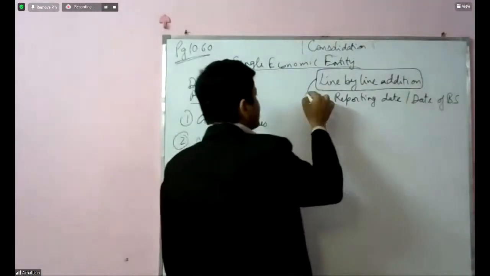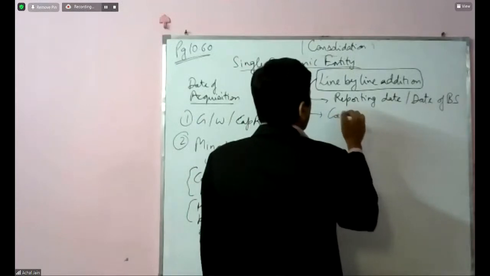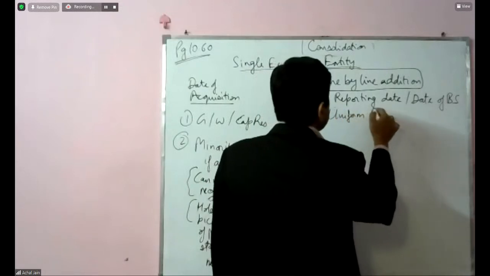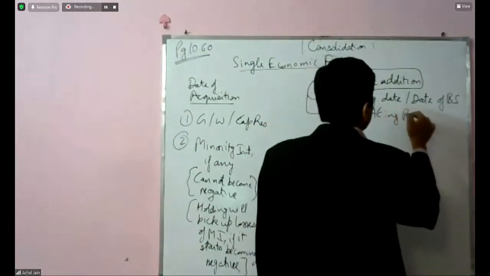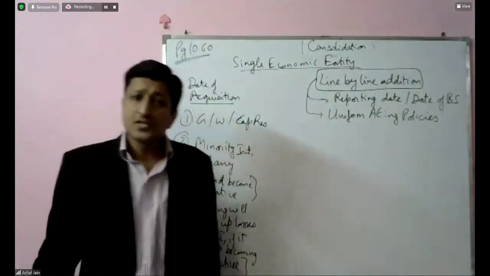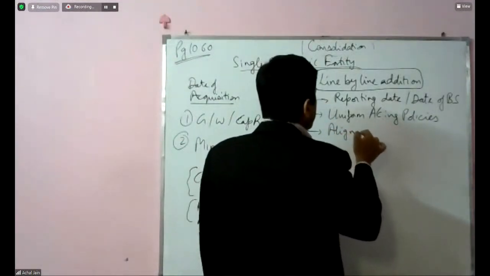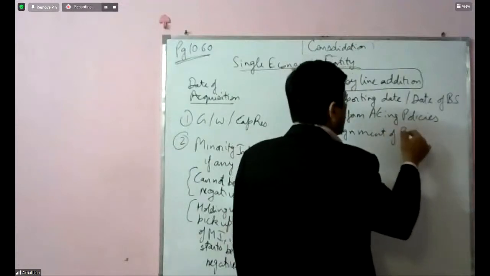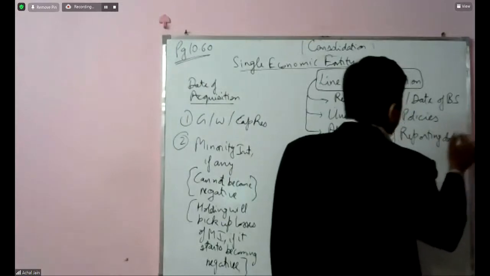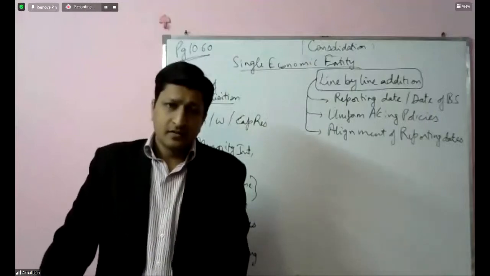First, uniform accounting policies are required. Number two, the reporting dates should be aligned.